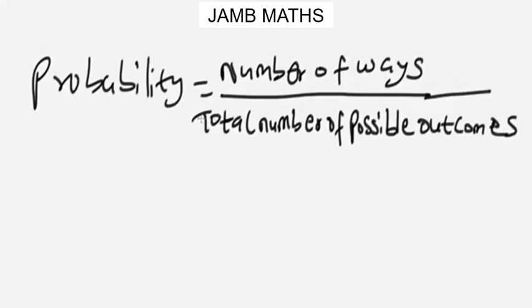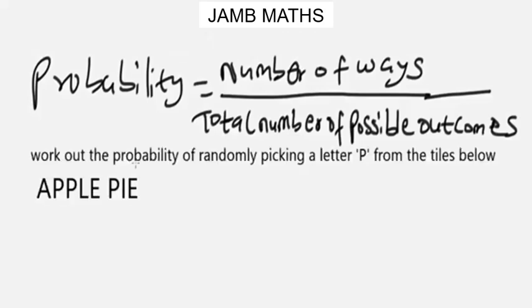Now let's look at a question that will involve this probability formula. Let me get a question so that we solve it together here. Okay guys, so let's look at this question. It says, work out the probability of randomly picking a letter P from the tiles below. The first thing to do to begin to solve this question is to break out how many letters P we have in these tiles, apple pie.